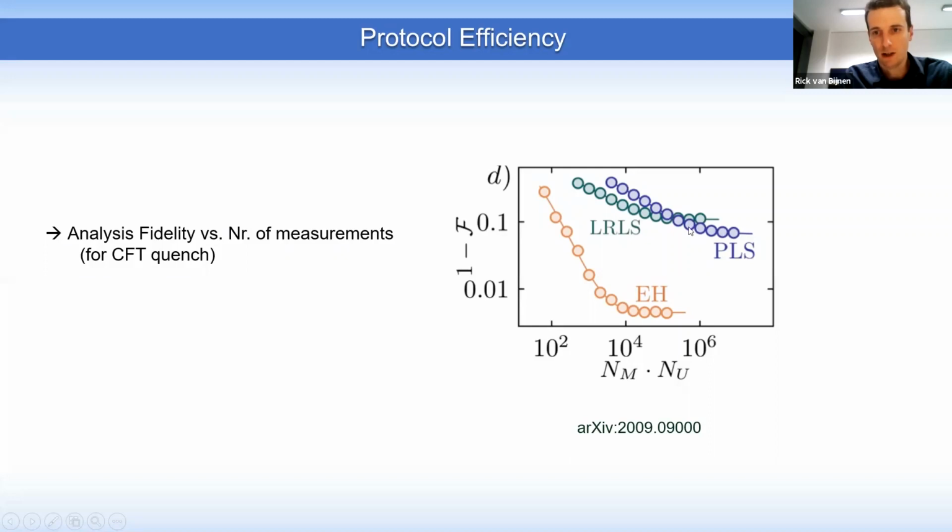The projected least squares might ultimately reach it, if I change some parameters here, but I might need 10 to the 8 or 10 to the 10 measurements, compared to our entanglement Hamiltonian, which reaches the 1% level at maybe 1,000 measurements in total, which is very, very few for tomography of 5 sites here. And if we do larger subsystems, we can go up to 8 or 10. This picture stays like this. The entanglement Hamiltonian is super efficient and the other ones are not.